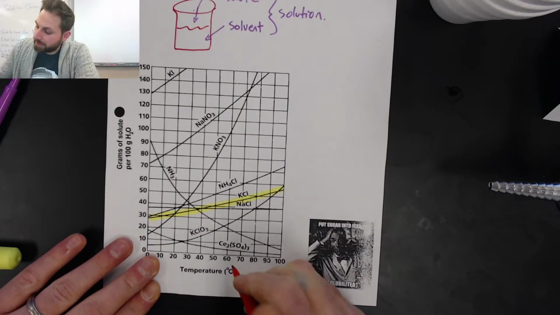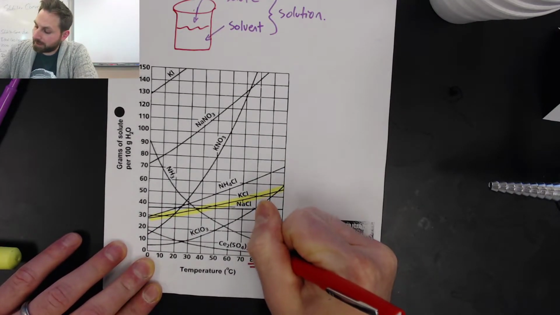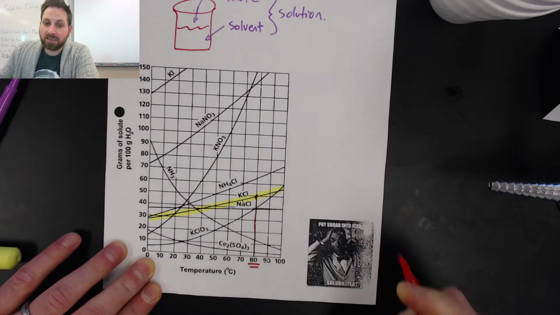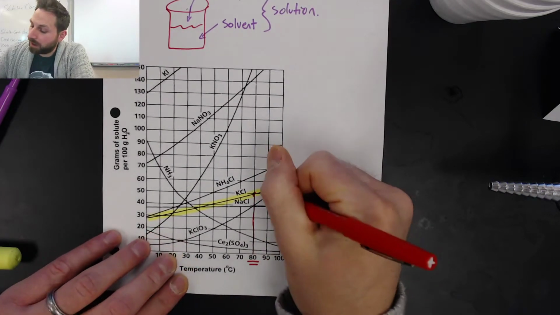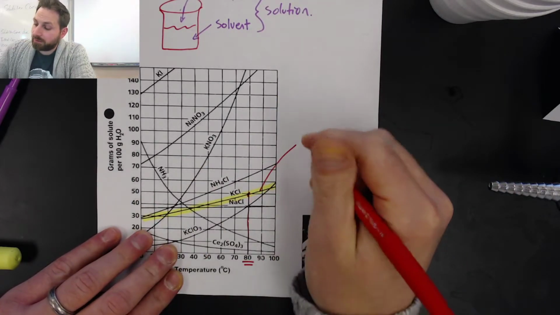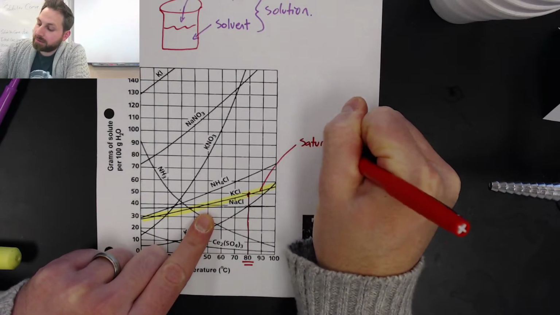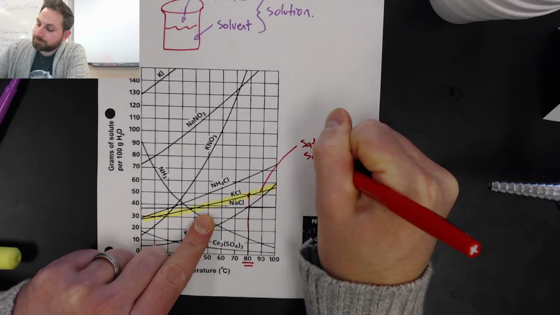So we have 80 degrees Celsius. We are looking at potassium chloride, and you're just seeing where you hit the line. All of these have different lines and different slopes. The lines represent you making a saturated solution.